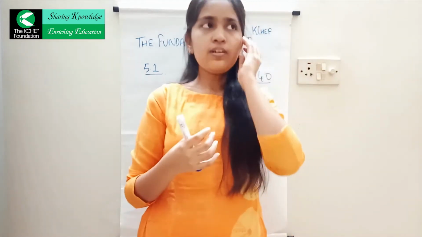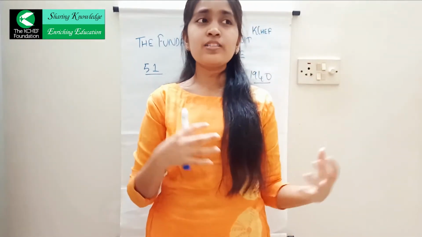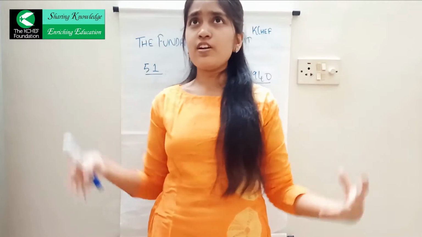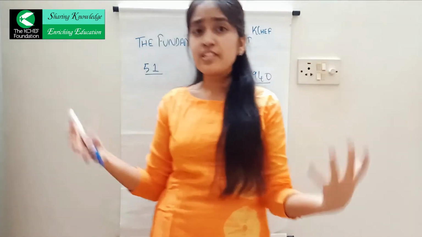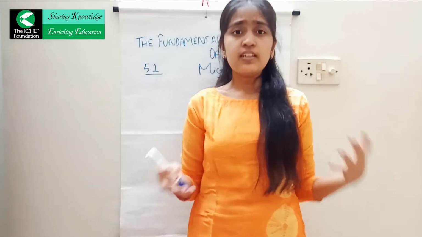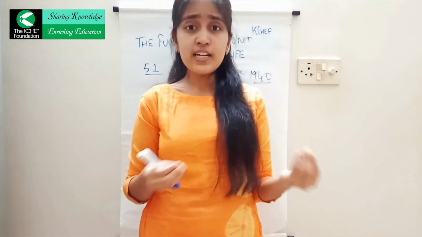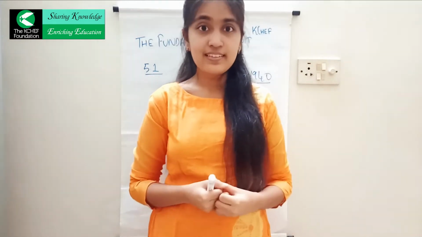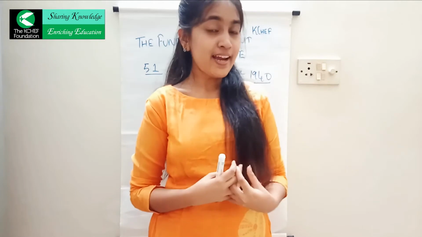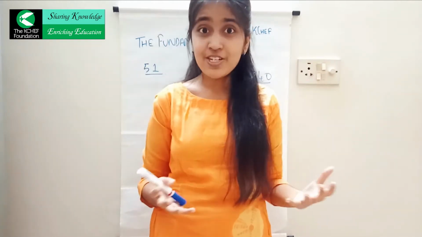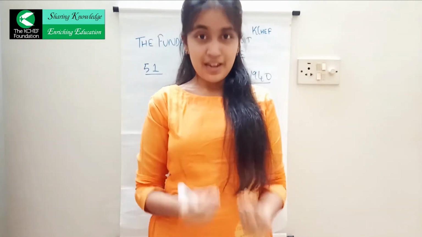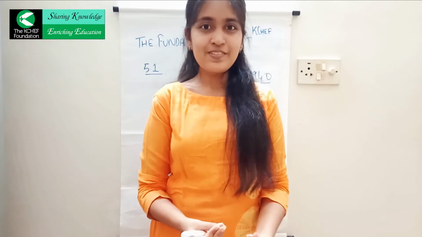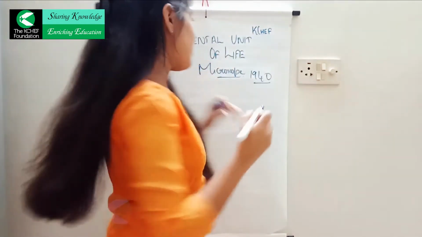So, do you remember that last class I told you about the cells performing several functions and cells are responsible to perform so many functions? Then, who is actually performing all these functions for cell? There should be something inside the cell, right? Which is performing all these functions. So, that is nothing but certain components of cell which are called as cell organelles.